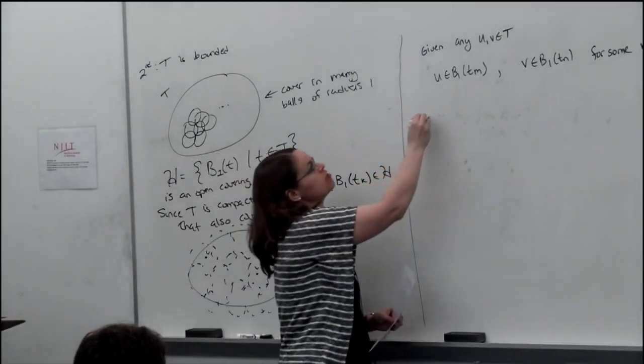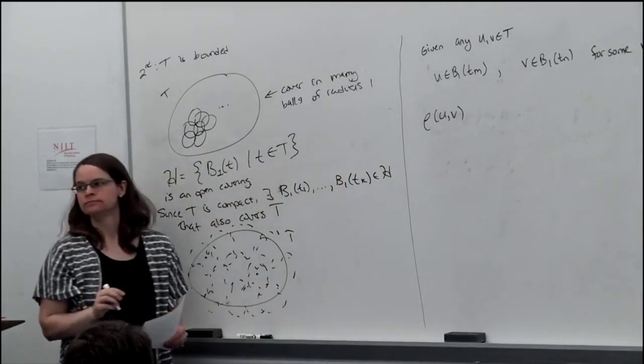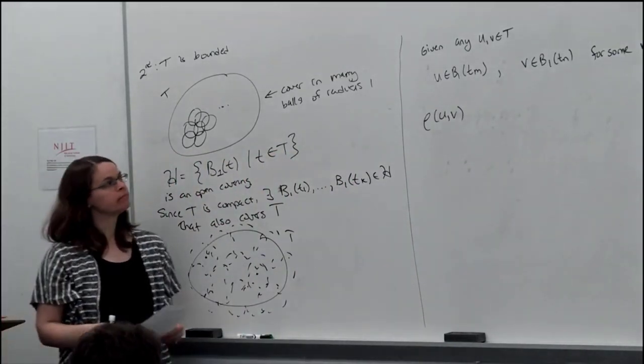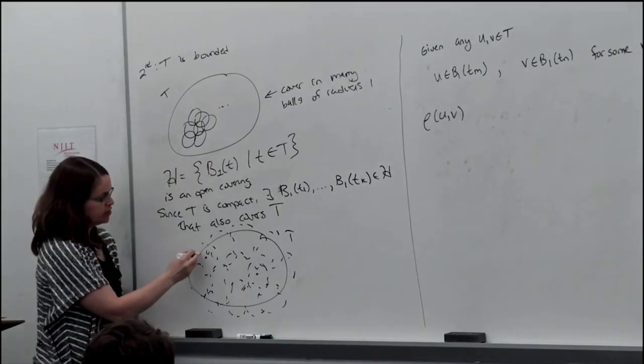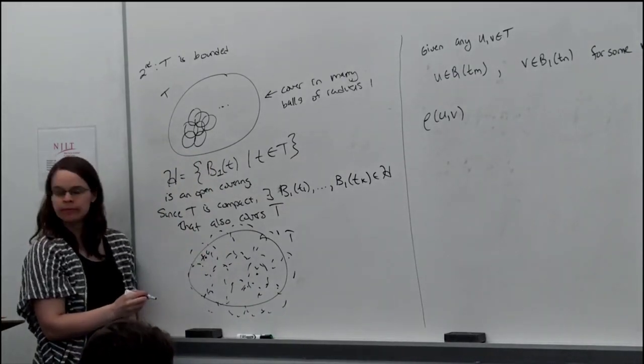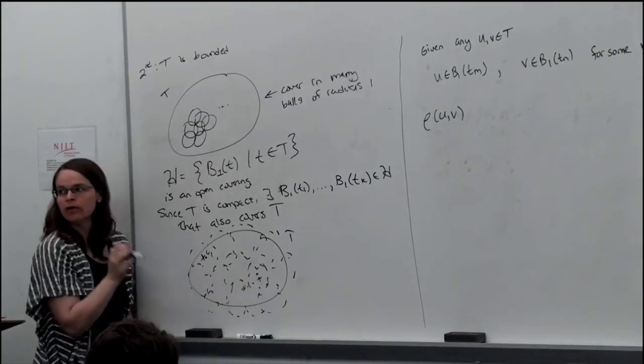Okay, so what's the distance between U and V? Well, I'll start by going from U to the center of its ball. Then I'll go from the center of this ball to the center of this ball.